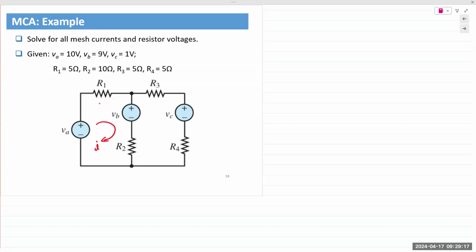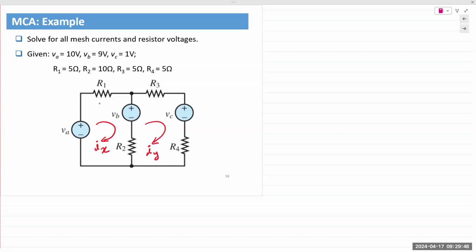Because there are A, B, C in there, and R1, R3, R4, what I'll do is choose this as IX and IY. So I won't use 1, 2 because it might cause confusion between IR1 and IR2. So let's use IX and IY. And then we have VA, VB, and VC.